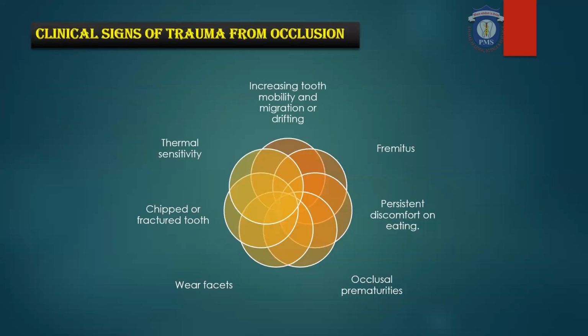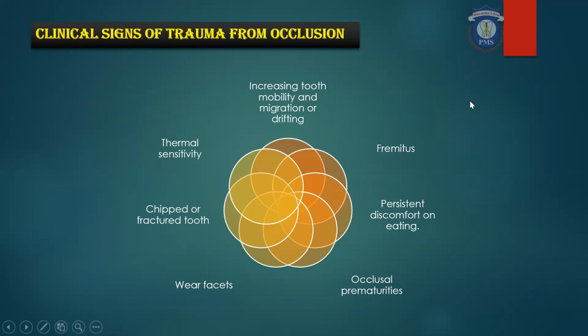The next topic is the clinical signs of trauma from occlusion. The patient will have certain clinical signs and symptoms, mainly increased tooth mobility and migration or drifting of the tooth. And the Fremitus test, which is the diagnostic test for trauma from occlusion. The index finger is placed on the labial aspect of the maxillary anteriors, and the patient is asked to close the mouth with maximum intercuspation so that we can feel the vibration on our fingers.